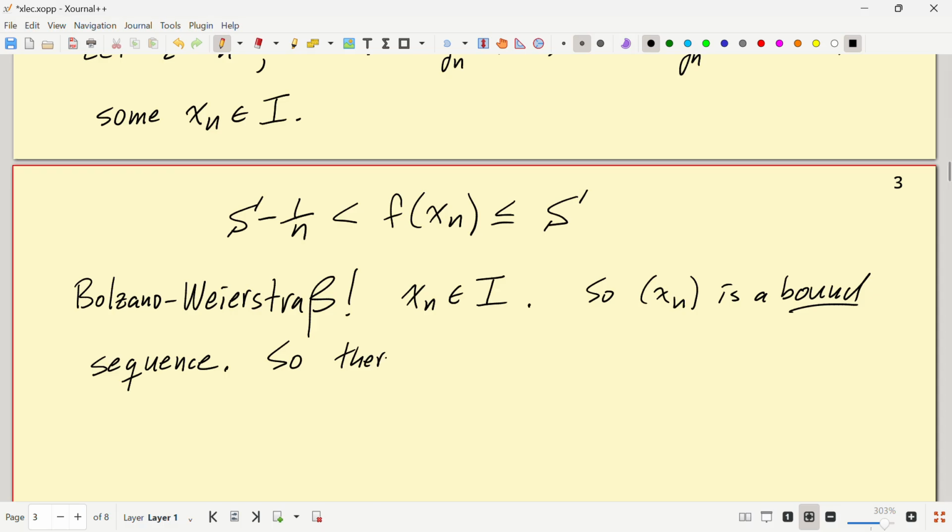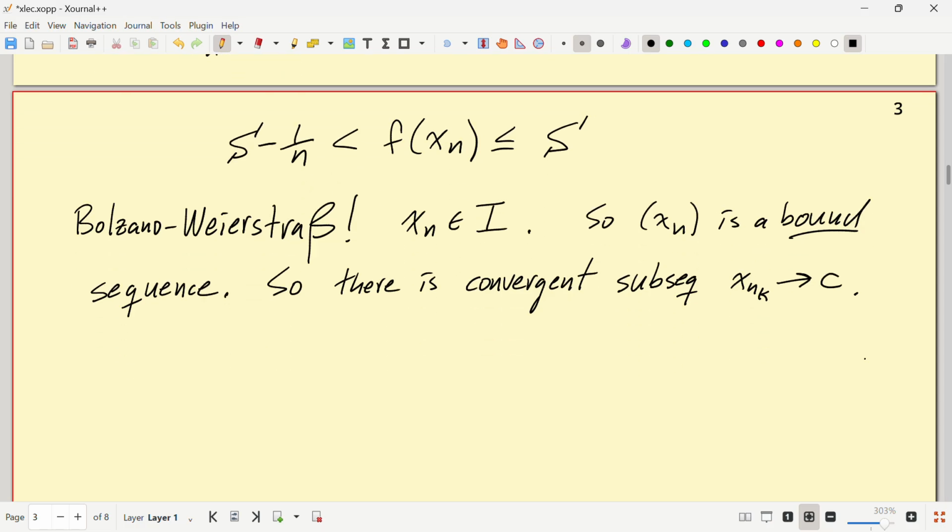So there is a convergent subsequence, x_{n_k}, and it would converge to something, c. And because [a, b] is a closed interval, that c is in that closed interval. I is closed, so c is in I.